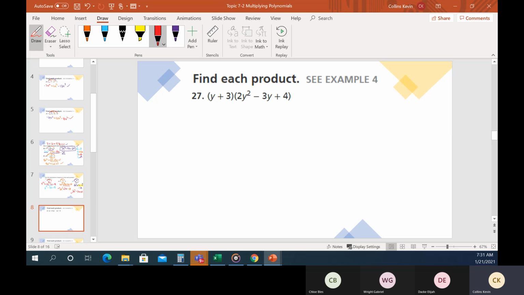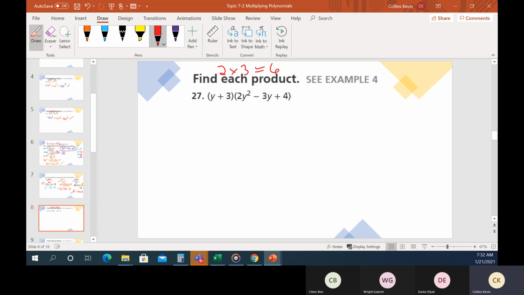Okay, so again, you can do mega distributive property on this one too. Now, notice on this one, in the first parentheses, we got 2 terms. And in the second set of parentheses, we've got 3 terms. So it means when we're done multiplying, we should have 6 terms. And that's a good check to make sure that you've got everybody covered.